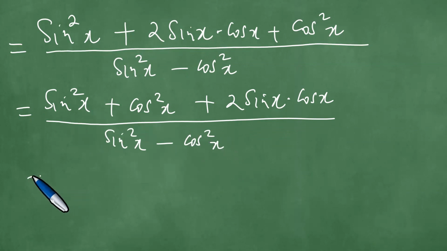What is sine squared plus cosine squared equal to? Anyone? 1. Well done. That is the Pythagorean identity.